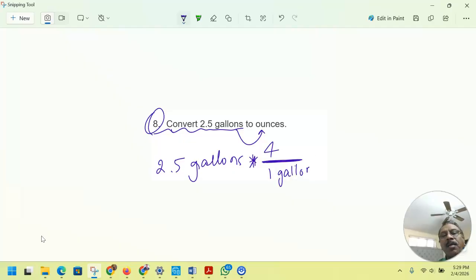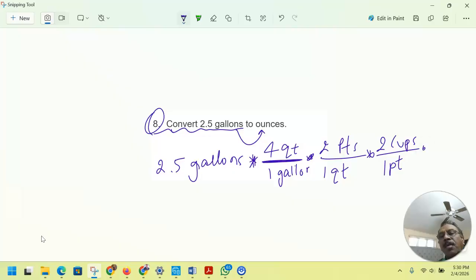1 gallon is 4 quarts, and again we'll multiply, 1 quart is 2 pints, and then 1 pint is 2 cups, and then 1 cup is 8 fluid ounces, right? So that way we can cross out everything, gallons and gallons, quarts and quarts, pints and pints, cups and cups.